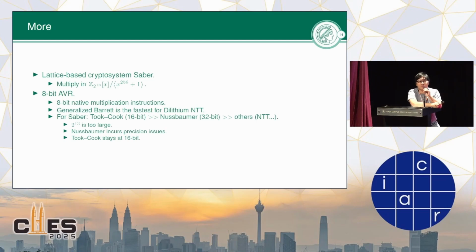So unfortunately, we need to emulate basically every ring arithmetic. And our generalized Barrett multiplication obviously performs the fastest on AVR compared to other modular multiplication approaches. And as for Saber, we obtain a slightly different result than the Cortex-M3 case due to some precision issues.